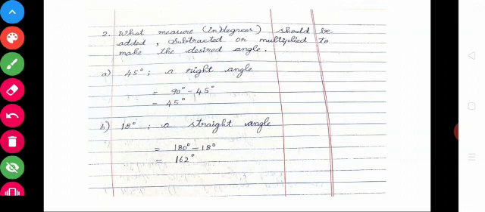So 90 degree minus 45 degree is equal to 45 degree. See the next sum, 18 degree, a straight angle. A straight angle is 180 degree, minus 18 degree. Do the subtraction. 180 degree minus 18 degree is 162 degree.